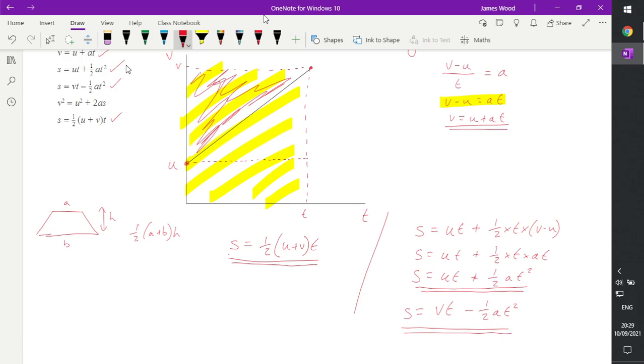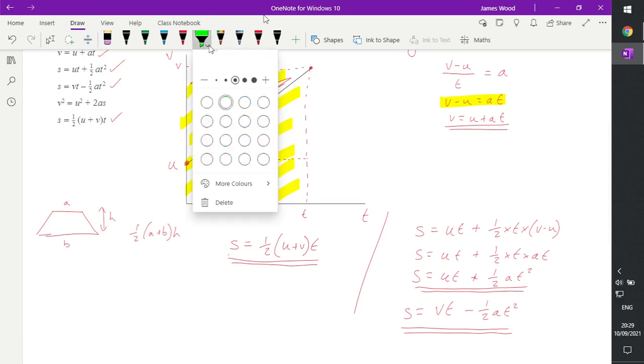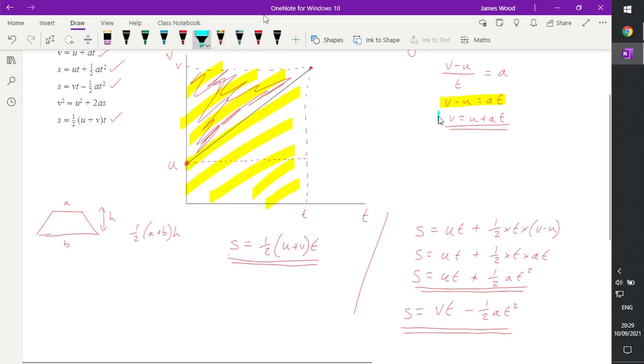Now, there's one left, and we have to get this one algebraically. And we get there algebraically by combining this equation here with this one here. So I'm going to write these down below.